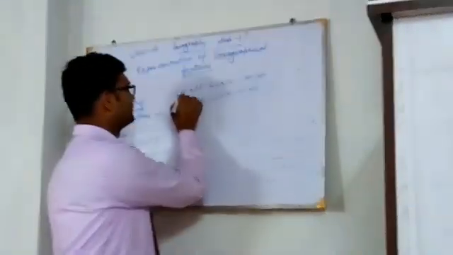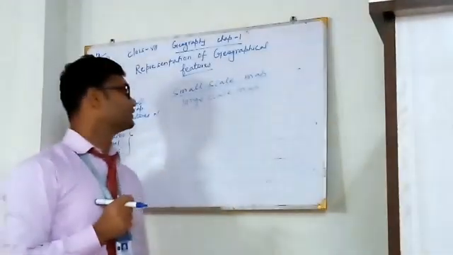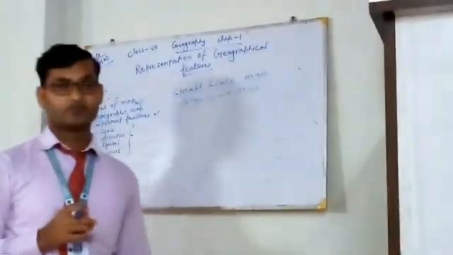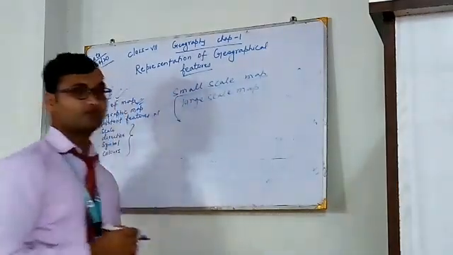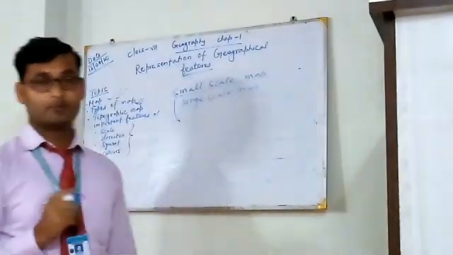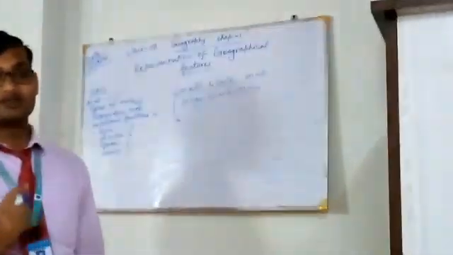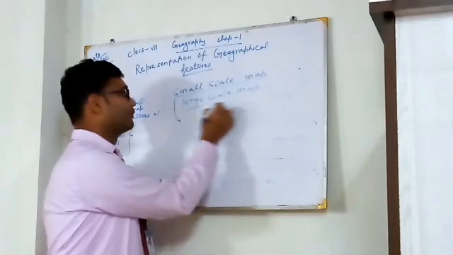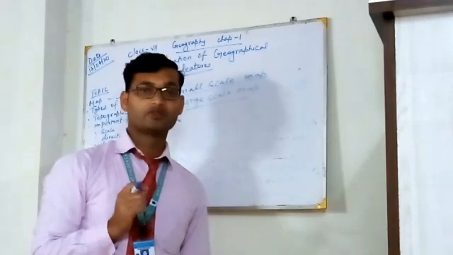A small scale map, for example, when we have to show the map of a large area, then we have to take the small scale map, like map of continent, map of countries. It shows a large area with a small detail. But large scale map shows the small area with a great detail.